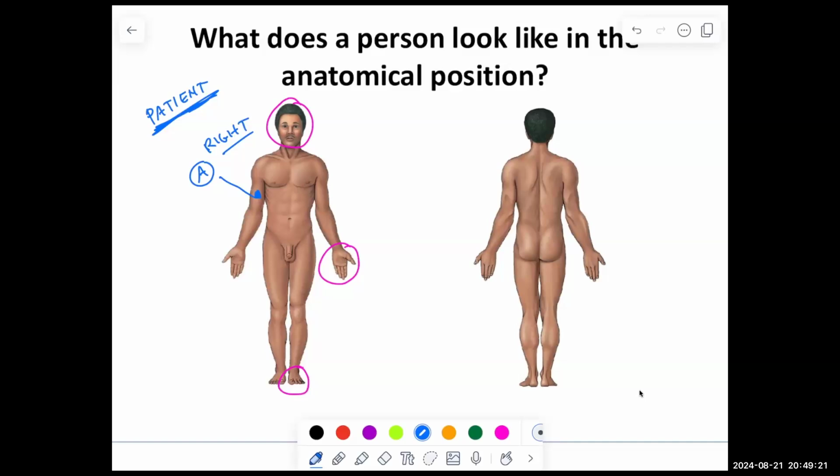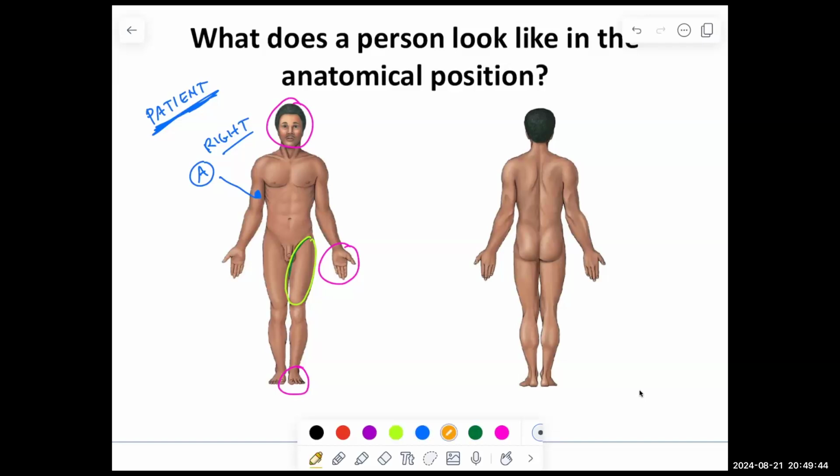Okay, let me ask you this. What part of the body is this? Oh, that's a bad color. Let me try this. What part of the body is this one that I'm outlining in green? That is the thigh. Don't call that the leg. That is not the leg. That is the thigh.